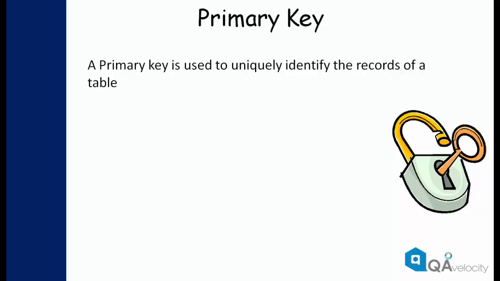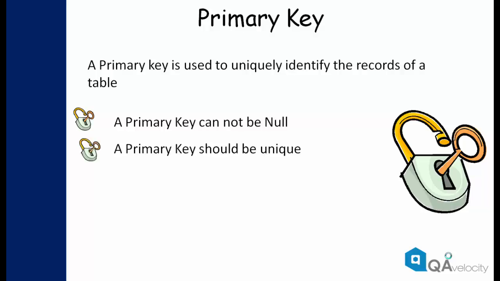To make a column primary key, we need to follow a set of rules. Our first rule says primary key cannot be null. If you set a primary key null, it cannot be unique, as other records can also be null. Primary key should be unique.